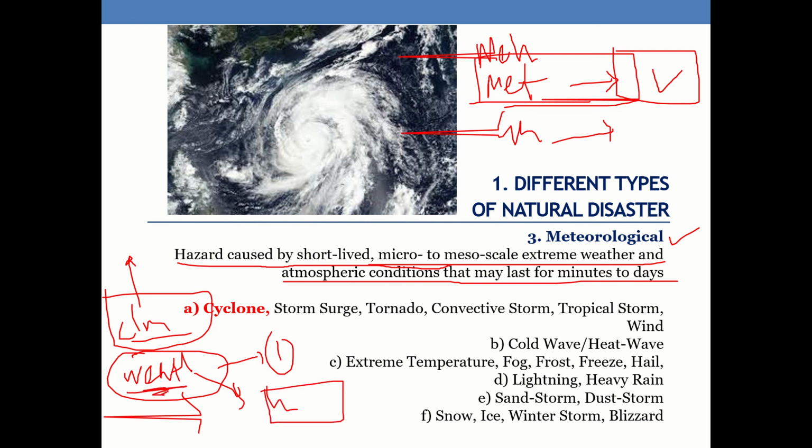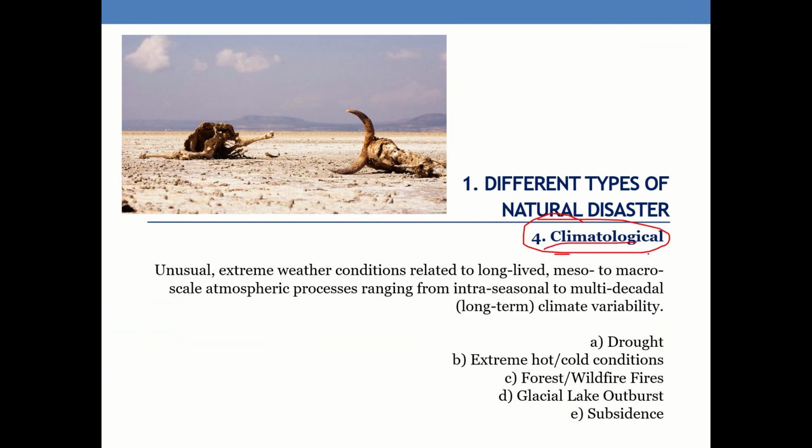So it is a short-term phenomenon, and we call it weather. The climate is a slightly longer phenomenon. For example, let us say we get rains during September, October, November, and we have cold seasons in December, January. This is kind of a climate. So here again, natural disasters can be broadly classified as meteorological disaster and climatological disaster.